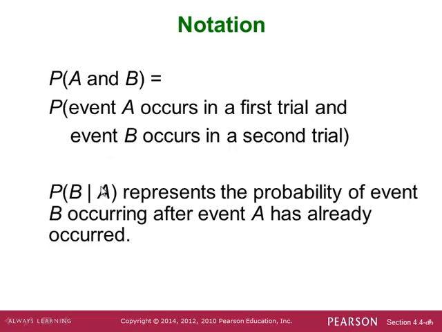Now when you see this notation here, this means probability of B given A. This vertical line segment here means given, as in the probability that event B happens given the fact that event A happens. We call this conditional probability, and we'll talk more about it tomorrow.